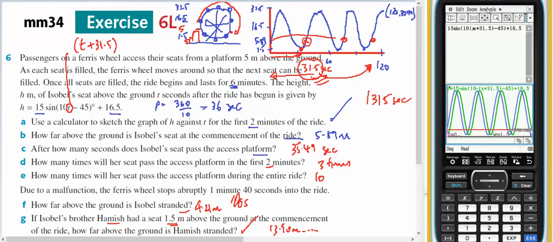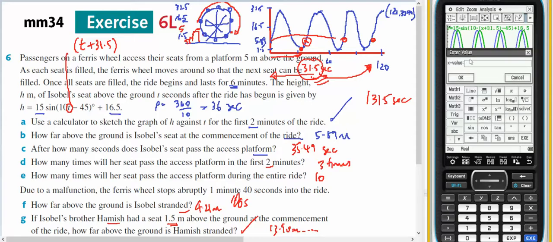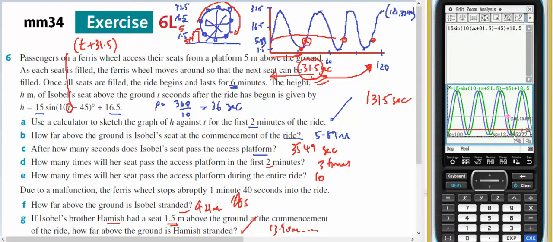So now I need to do an analysis, G-solve, and do a y-calc. I need to pick my curve, and I'm looking for Hamish's curve, press XC and put 100. I should get the same value, which I do at 13.895. So 13.9 is correct.